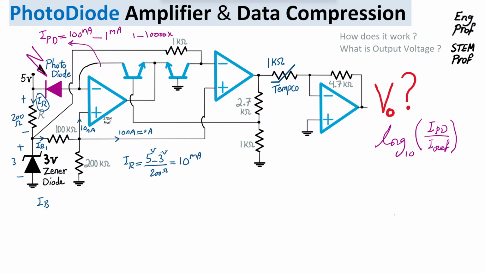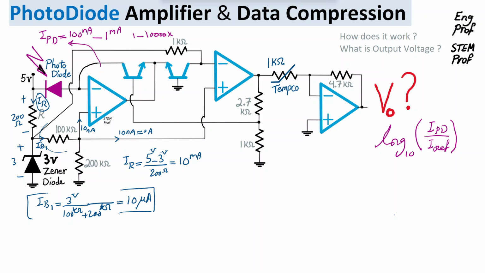I bias 1 is equal to 3 volt, the Zener diode voltage, divided by 100K plus 200K, the two resistors in series, which means the current passing through these would be on the order of 10 microamp. That is 10,000 times larger than whatever very small input offset current goes through the op amps, which is negligible. So IB1 is 10 microamp, good enough. What is the benefit of this?